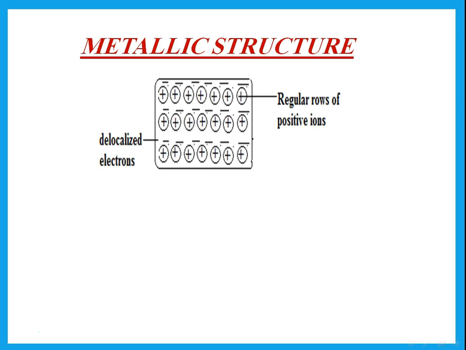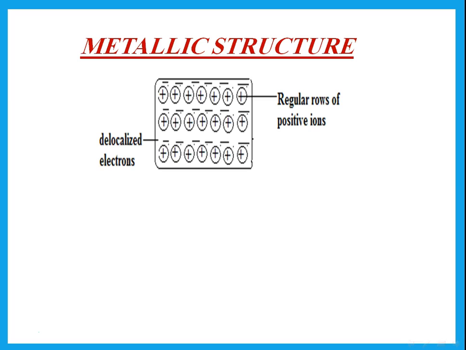We say that the metallic structure, of course, the metal is a solid, and we said before that solids are in regular rows, close packed. So a metal also is regular rows close packed. But regular rows of what? If its outermost electrons are slightly away from the atom, then it's not an atom anymore. It's a positive ion. So metals are made up of regular rows of positive ions surrounded by a lot of electrons that are slightly floating around.